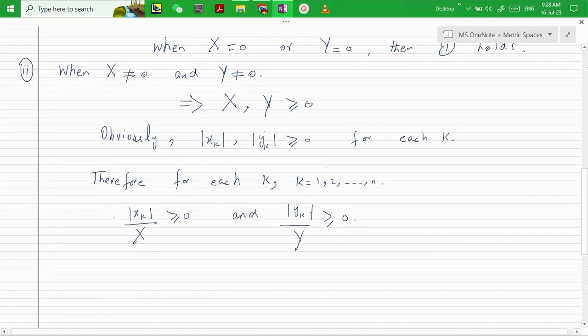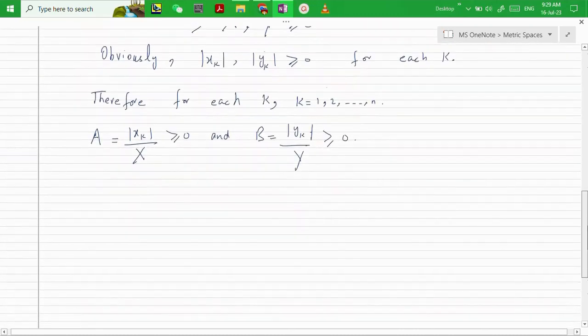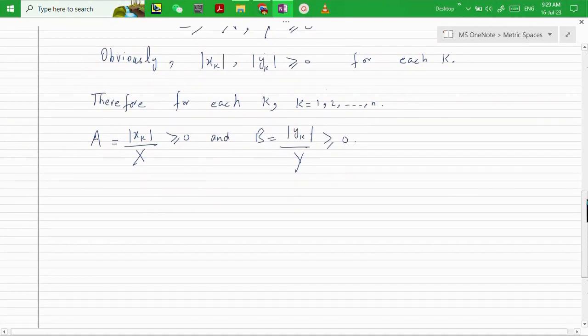So here we suppose this quantity as A and we suppose this quantity as B for our convenience. And what is the Young's inequality? Here the Young's inequality is stated as follows.